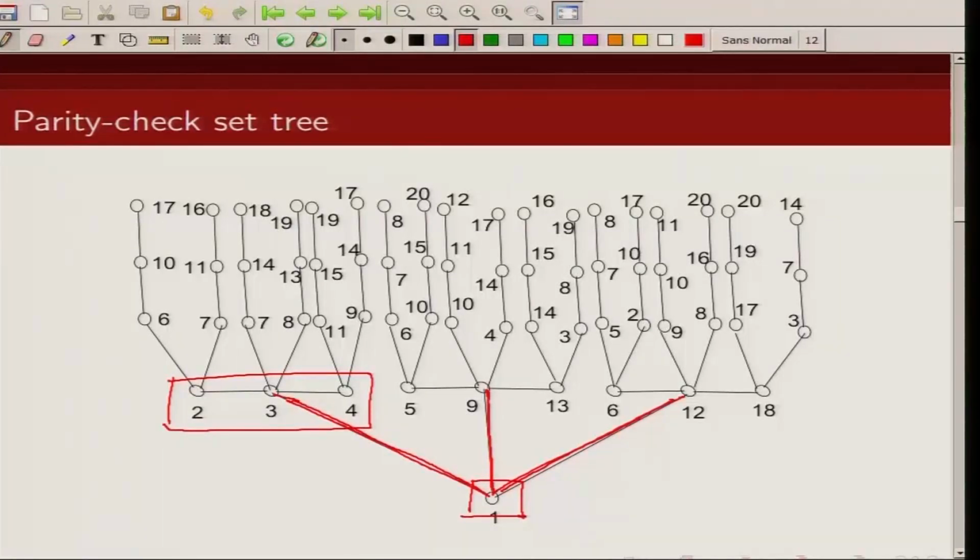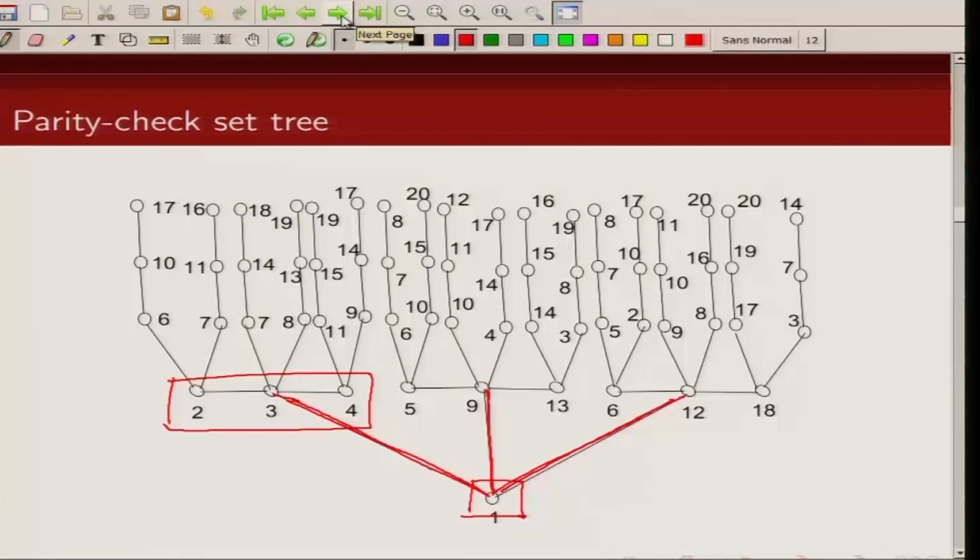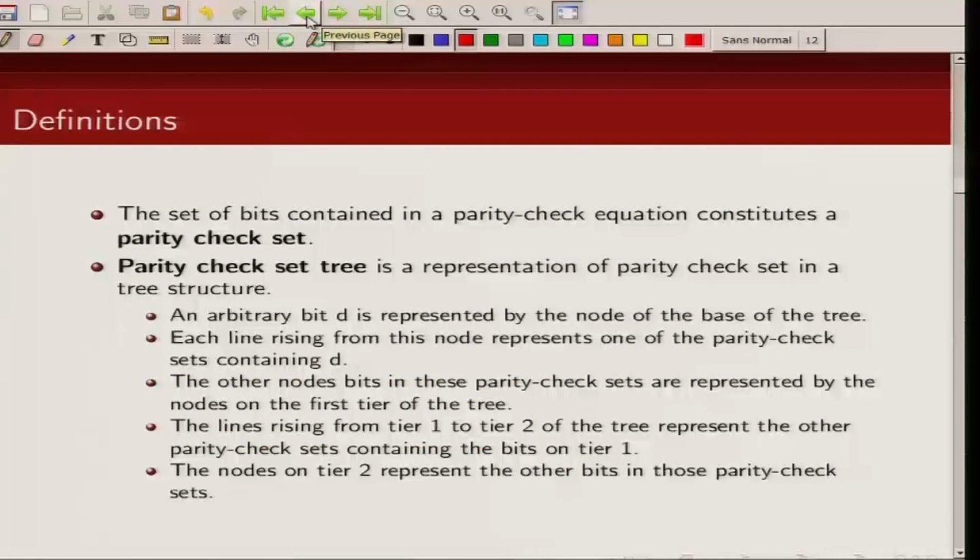So, this is one parity check constraint and bits 2, 3, 4 are participating. Similarly, bits number 5, 9 and 13 are participating in this particular parity check equation, so that is represented by this. That is what I meant when I said other nodes are represented as nodes in the first tier.